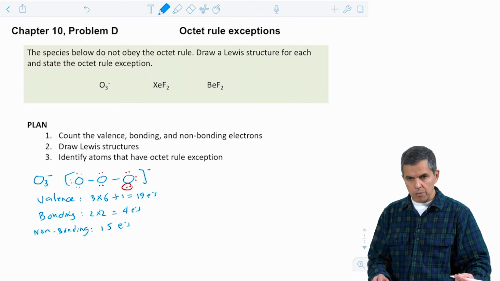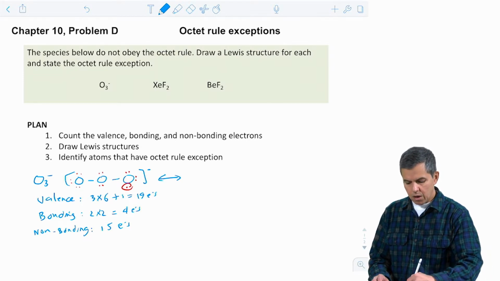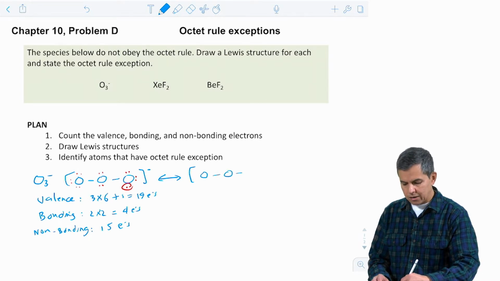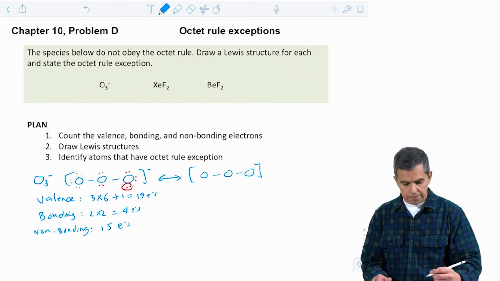There is also the possibility of having resonance structures in which the oxygen that has the single electron is a different one.